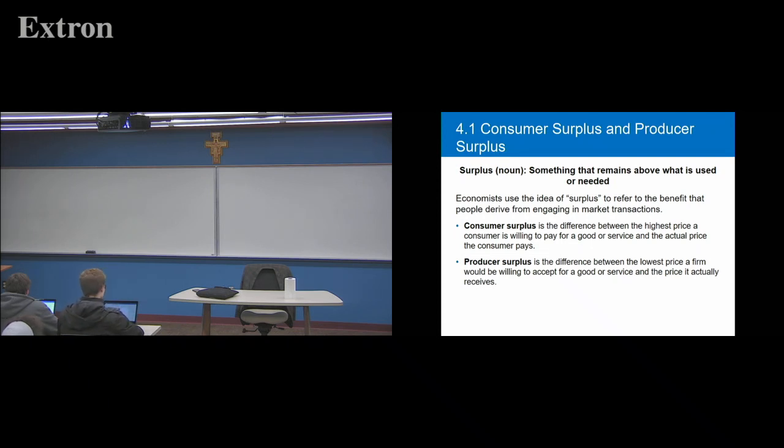Consumer surplus is the difference between the highest price a consumer is willing to pay for a good and the actual price that the consumer pays. Producer surplus is the difference between the lowest price a firm would be willing to accept for a good or service and the price it actually receives. So both consumers and producers are benefiting, above the price that they're selling the good at.